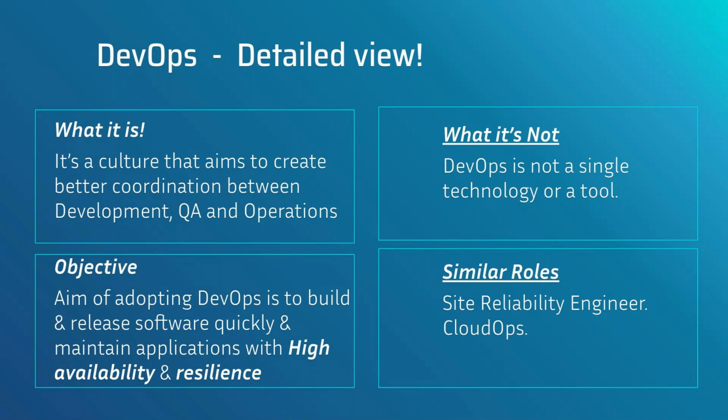But there could be a slight difference between SRE and DevOps. SRE is more about maintaining the production applications, monitoring, observability and all. DevOps is all about making the pipelines and making development faster. But these are overlapping roles. Some organizations might call their team an SRE team, but they might be doing a DevOps job as well as an SRE job.